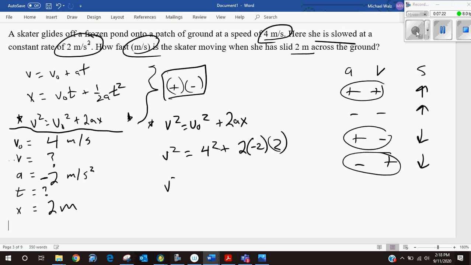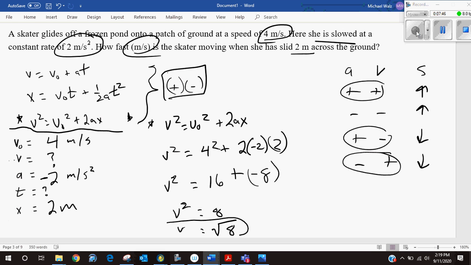So V squared then equals 16 plus negative 8. So V squared equals 8. So V equals the square root of 8.